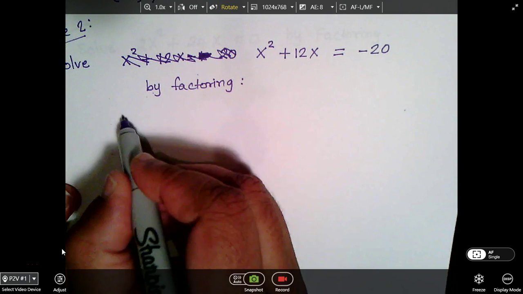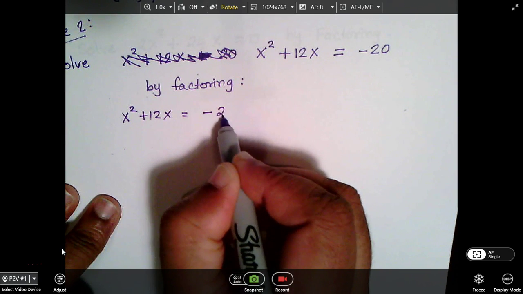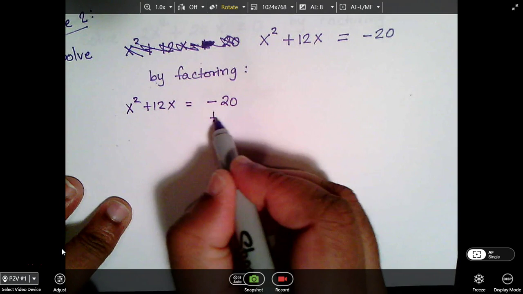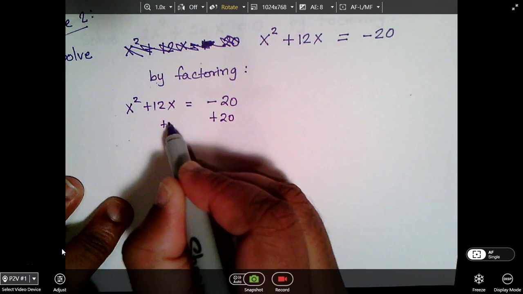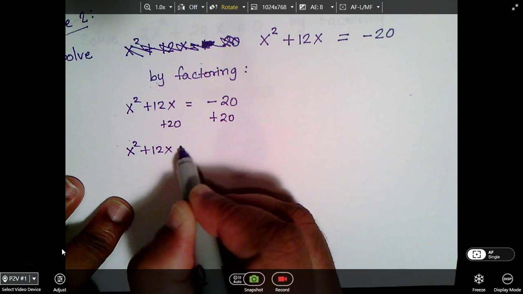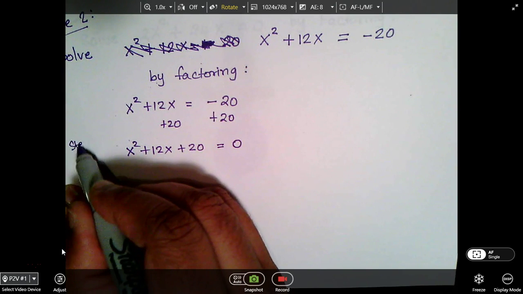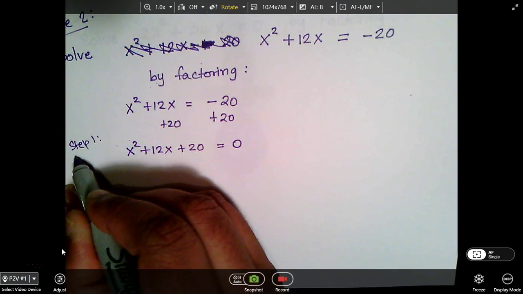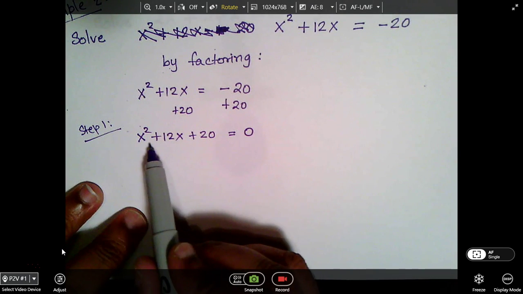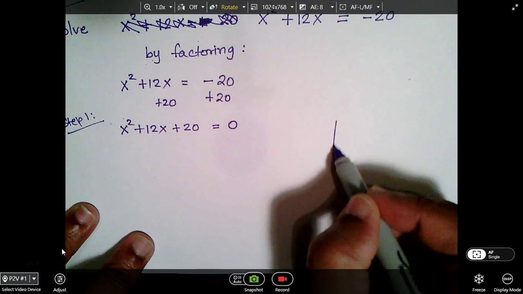So I have my equation x squared plus 12x is equal to negative 20. I want to make one side 0, so I have to add that 20, bring it over. I will have x squared plus 12x plus 20 is equal to 0. So I have written it in standard form. That's step 1. Now step 2, I want to put this in factored form, meaning I want to factor my quadratic trinomial, again using the A times C method.